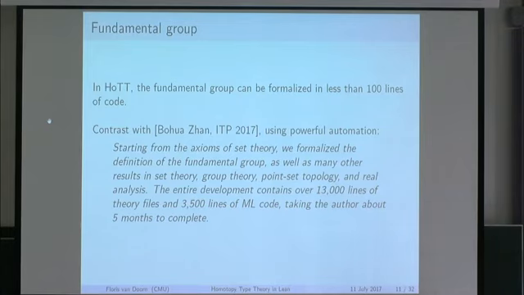His conclusion contains the following paragraph: starting from the axioms of set theory, we formalize the definition of the fundamental group, as well as many other results in set theory, group theory, point set topology, and real analysis. The entire development contains 30,000 lines of theory and 3,500 lines of ML code, taking the author about 5 months to complete. So this is a very impressive result.